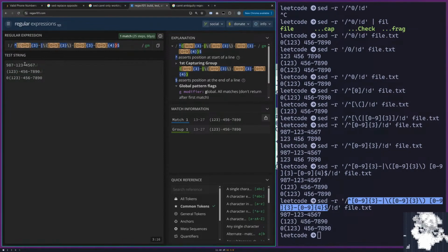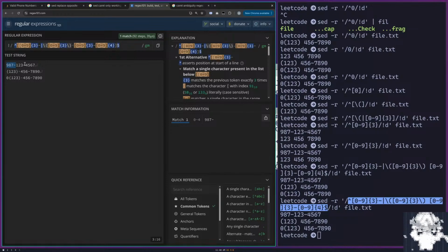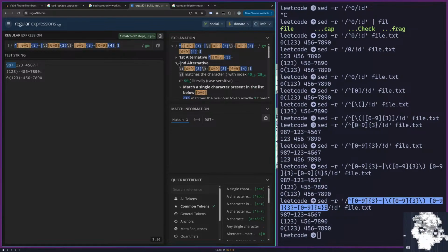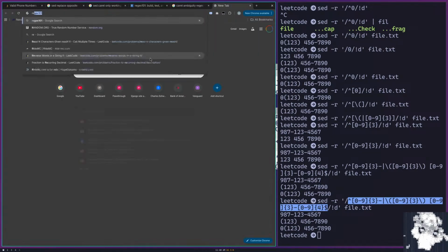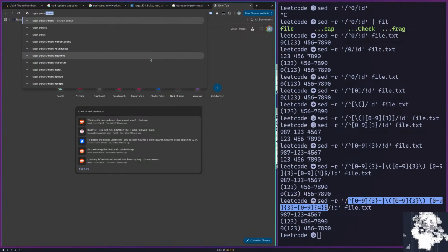What's the difference between square parentheses and round parentheses? I don't know. Regex parentheses.